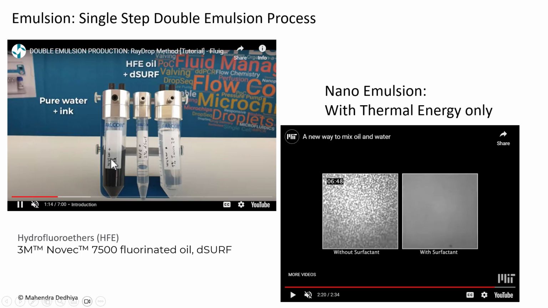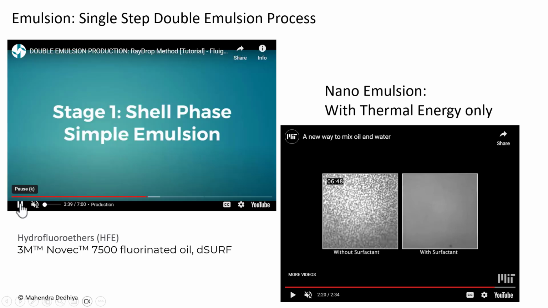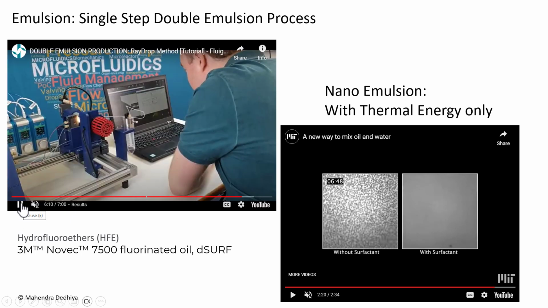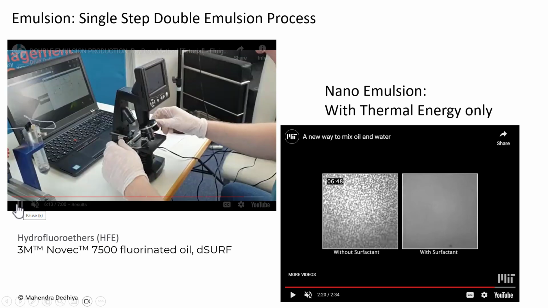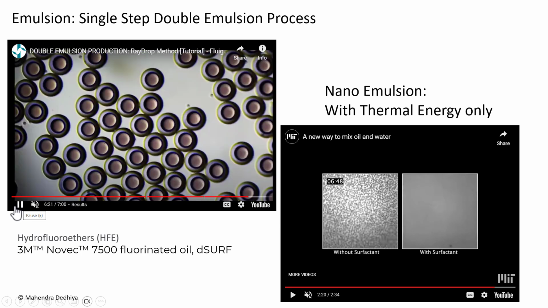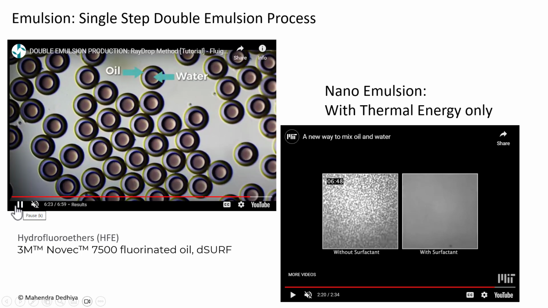Water with a black ink, emulsifier with oil phase, and water with dye. The shell phase is prepared first, followed by the core phase and continuous phase. The microscope is attached. Double emulsion particles are shown here.